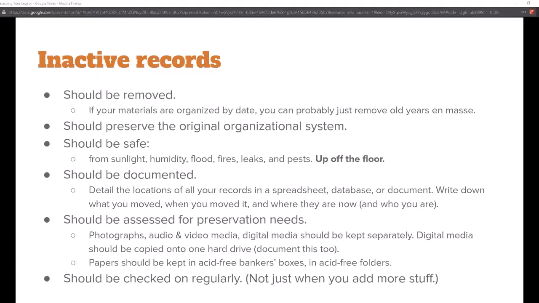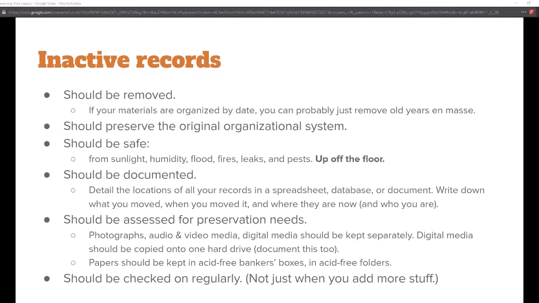When you move stuff away from one place to another, you have to document it. You should have a spreadsheet or even a word processing document. Just write down who you are, when you moved stuff, how much you moved, and where they are now. And you might be moving stuff from your home office to your basement. It's entirely possible. As long as you write that down, it's better than nothing.